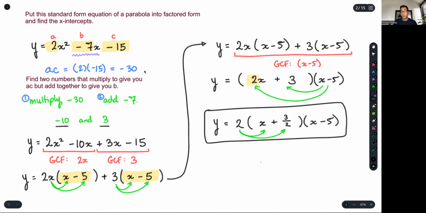Some teachers, though, don't really care much about that last step. So the previous line is also okay as well. It just depends on the standards of your teacher.